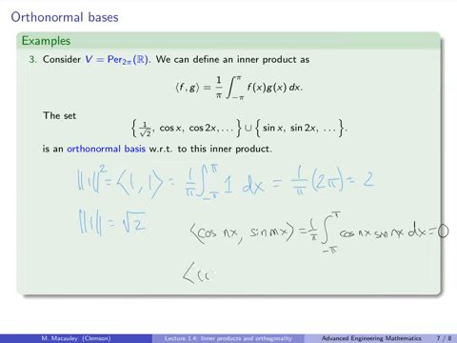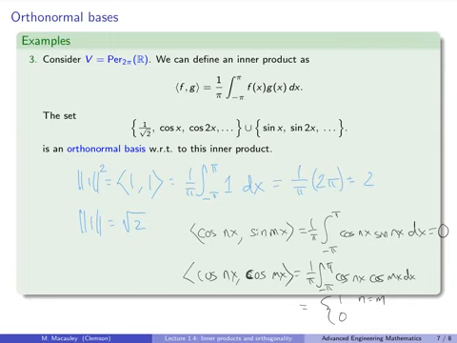And similarly, if you do cosine of nx and cosine of mx, you'll get a similar integral from negative pi to pi of cosine of nx cosine of mx dx. Now here you've got to be careful because you're going to get 1 if n and m are equal, and 0 if n and m are different.